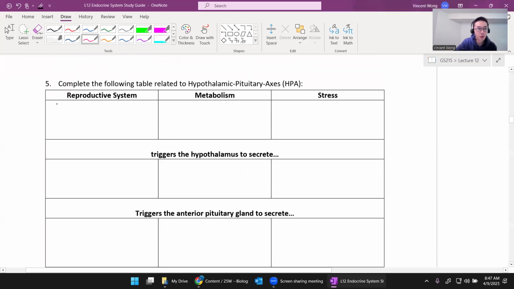We have low progesterone. That would trigger the hypothalamus to secrete GnRH, a releasing hormone.